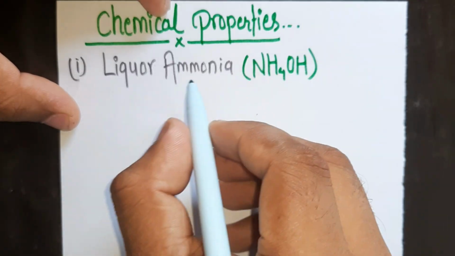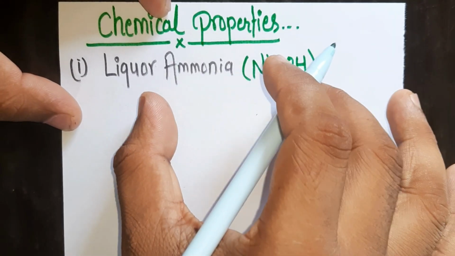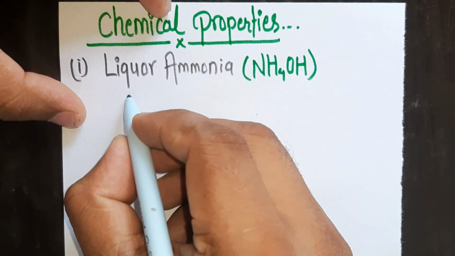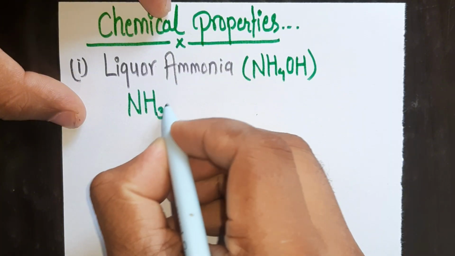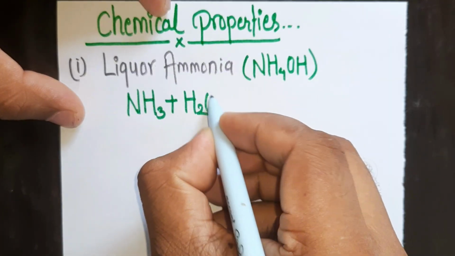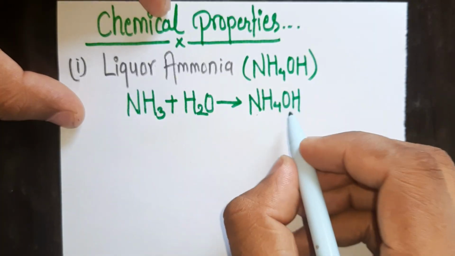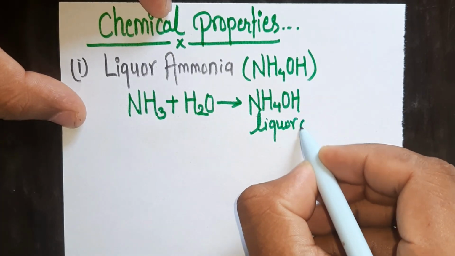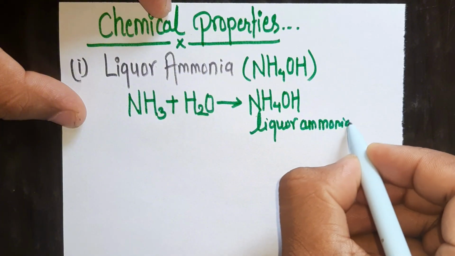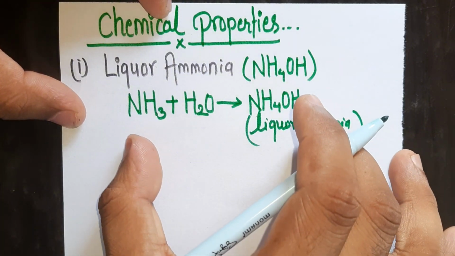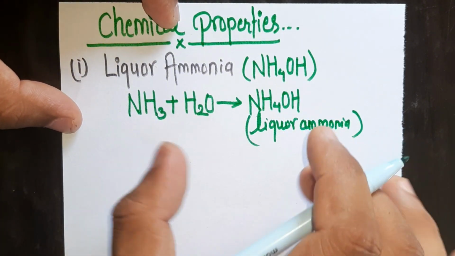Now, how is liquid ammonia formed? It also comes under the chemical properties of ammonia. When ammonia reacts with water, it forms ammonium hydroxide or liquid ammonia. That's as simple as that. The question will be asked like that: how is liquid ammonia formed, and your answer must be presented in reaction form.